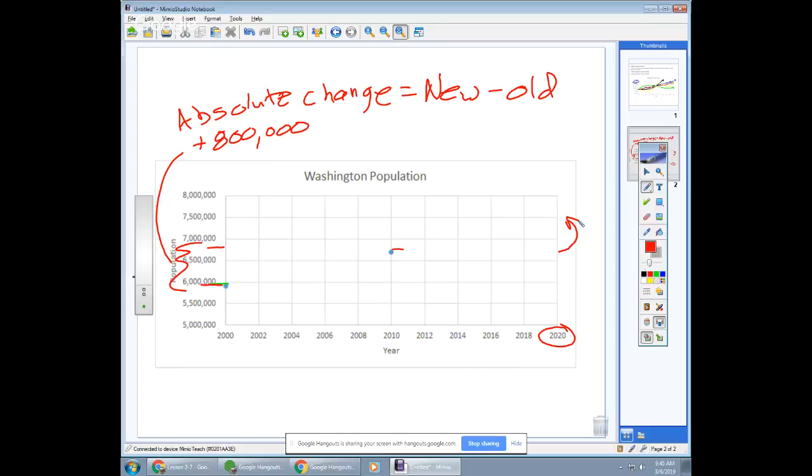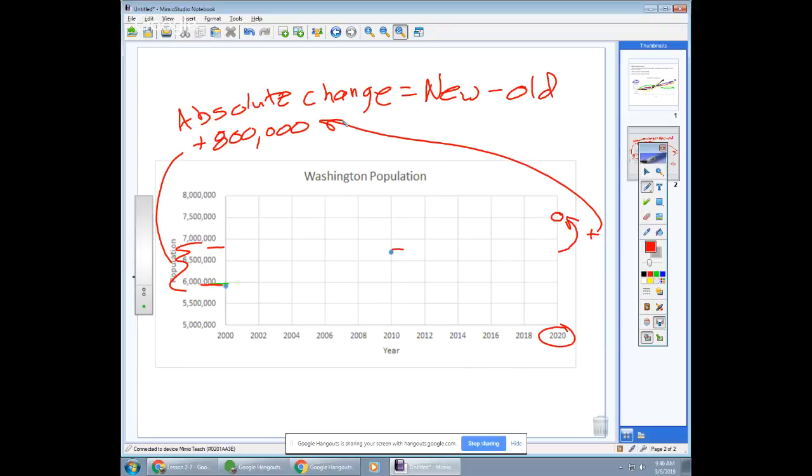So if I add 800,000 to 6,700,000, right, same absolute change, what am I going to get? I think I get 7,500,000. Yeah, so that's going to put me exactly right there, 7,500,000. So that's another jump by the same amount, right? By that 800,000.